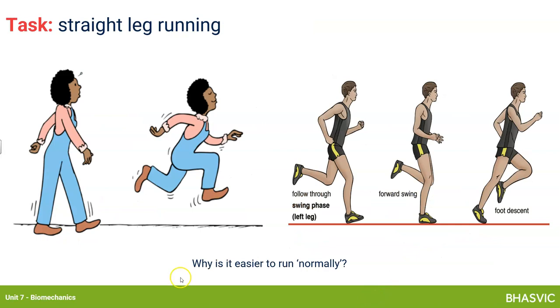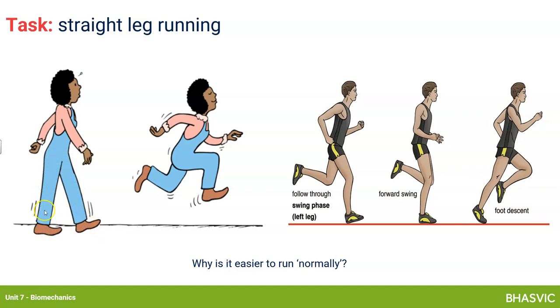Last little example. If you were asked to run with straight legs as fast as you can, I'm pretty sure you'd find it quite challenging. So the axis of rotation is your hips, the mediolateral axis, and your hips are basically doing flexion and extension to move you. If you think about legs being straight whilst you're running, there is a very high distribution of mass.